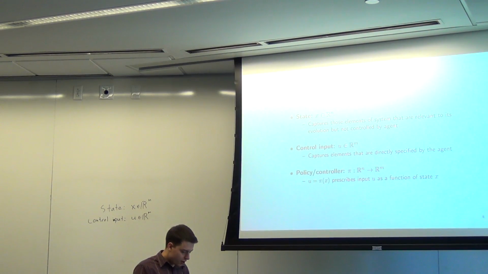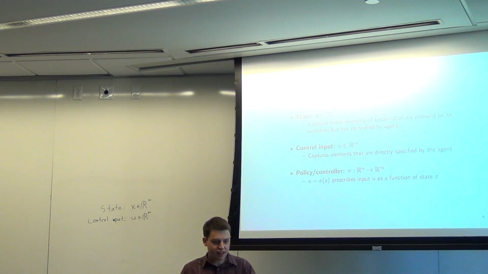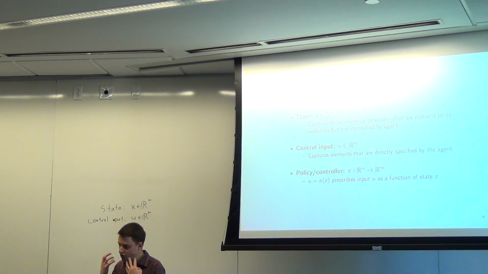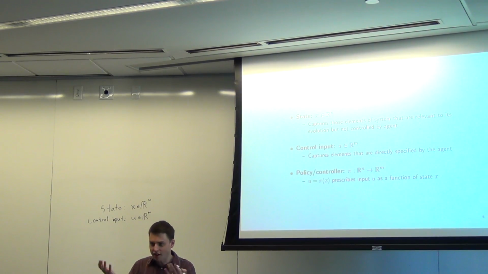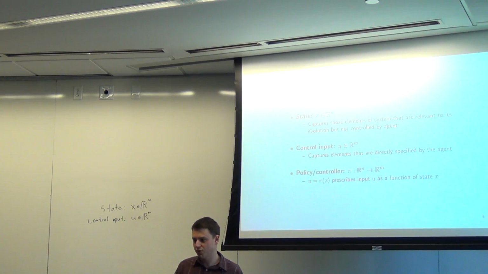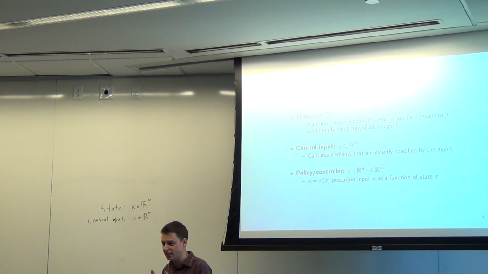These also affect how the system evolves, but the control inputs are things that the agent, whoever is controlling the system, can change. For our purposes, we'll think about them as being able to change effectively immediately. There may be some constraints there too, but we'll think about them as things that we can directly control.